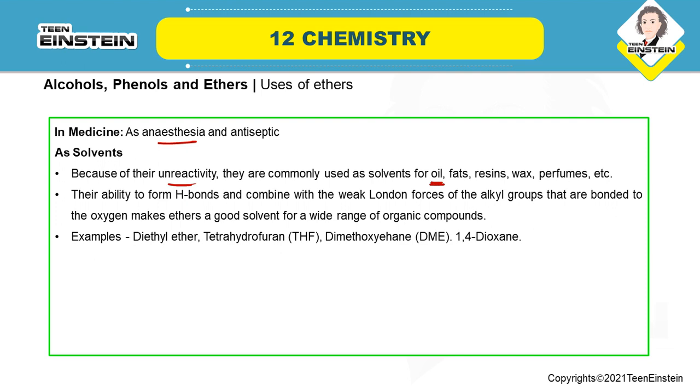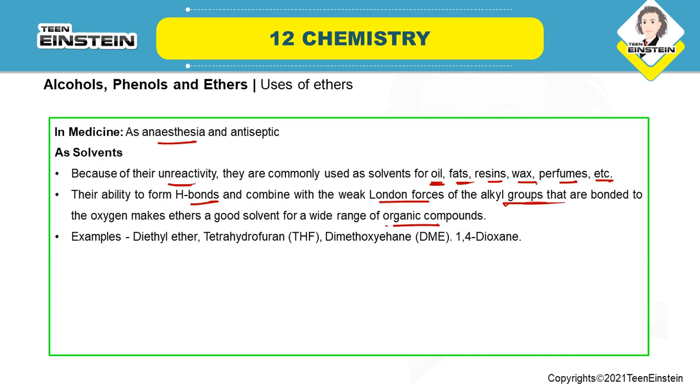Solvent for what? For oils, fats, resin, wax, perfumes, because all these molecules are soluble in ether. Their ability to form hydrogen bonds, combined with the weak London forces of the alkyl groups that are bonded to the oxygen, makes ethers a good solvent for a wide range of organic compounds.